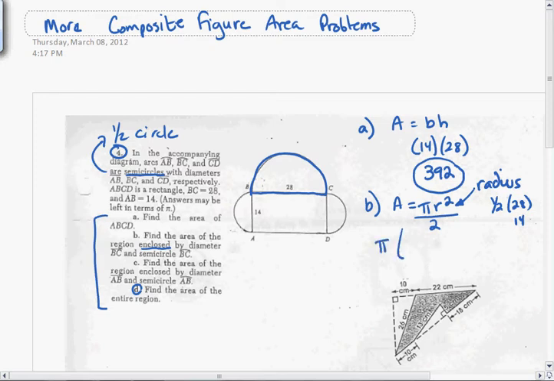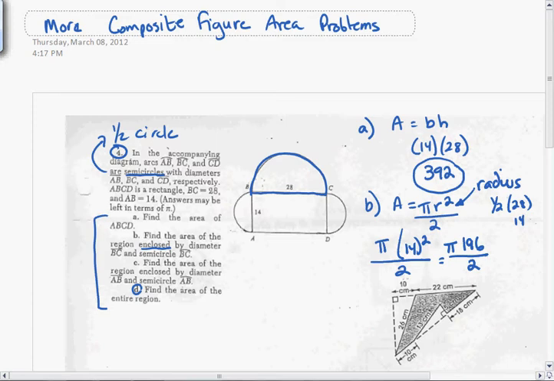Pi times 14 squared, divide that by 2. And I'm going to try to leave this as exact as long as possible. So I'm not going to put this in the calculator. I'm going to do some mental math. I'm going to leave pi alone for right now. 14 squared is 196.